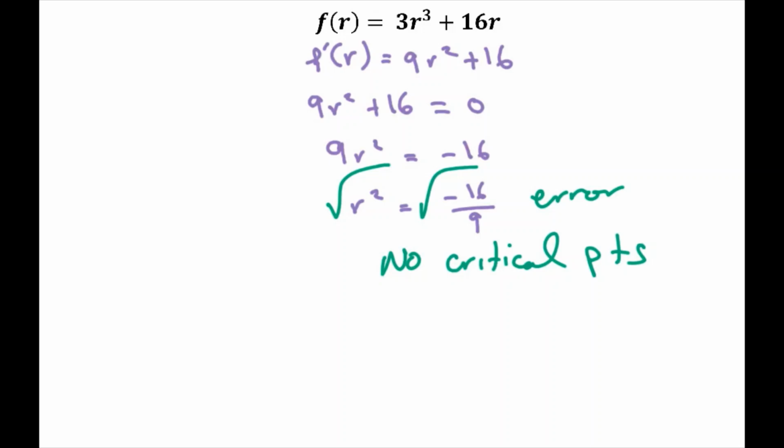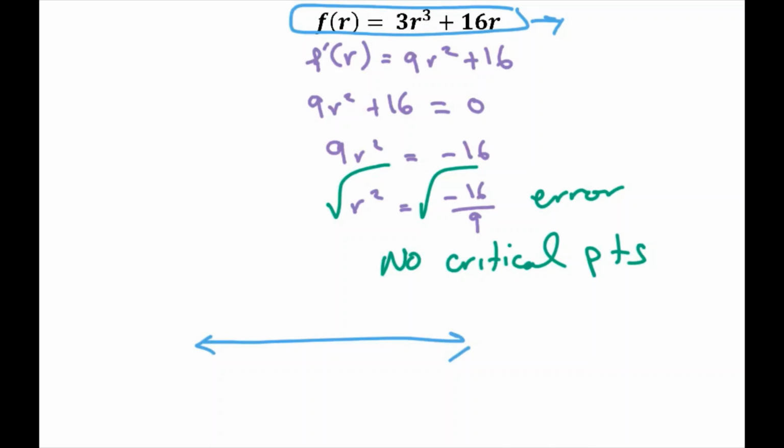So what does that mean when there are no critical points? That means over the whole function, the function was either increasing or decreasing, entire function. So the domain here is all real numbers, right? That's a polynomial, so the domain is all real numbers. If you take any number, 0, I prefer to take 0.